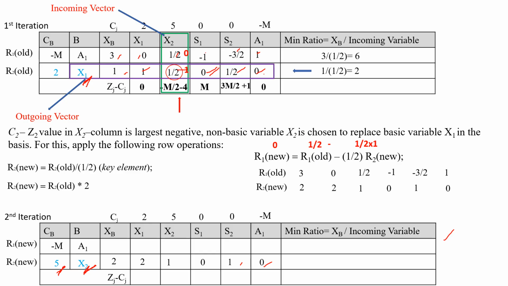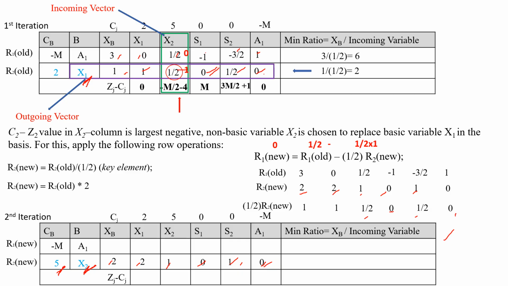The R2 new elements are 2, 2, 1, 0, 1, 0. So next we have to do R2 new divided by 2, which will become 2 by 2, it is 1; 2 by 2, it is 1; 1 by 2, it is 1 by 2; 0 by 2, it is 0; 1 by 2, it is 1 by 2; 0 by 2, it is 0.